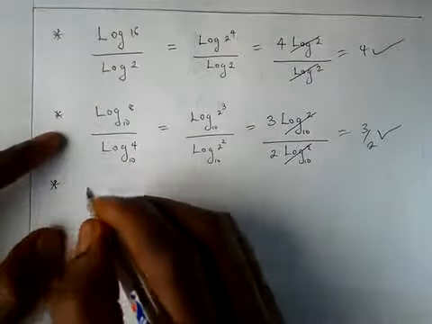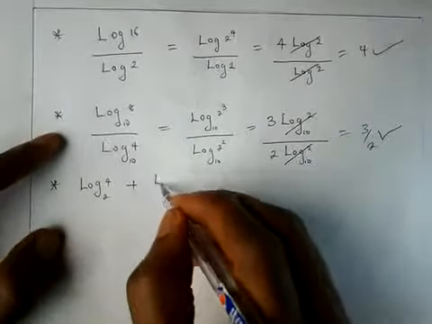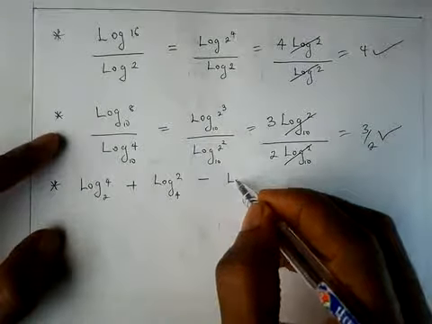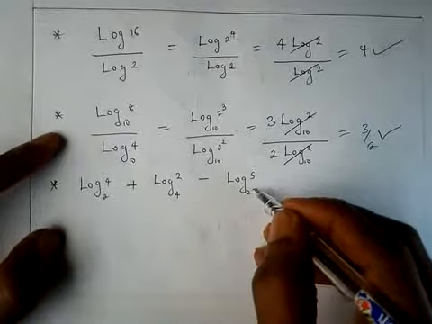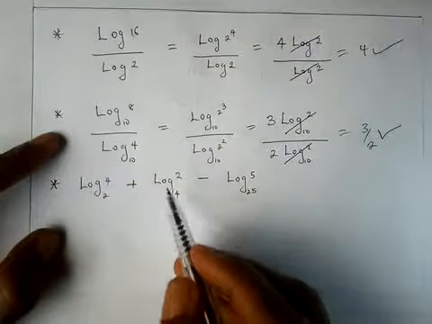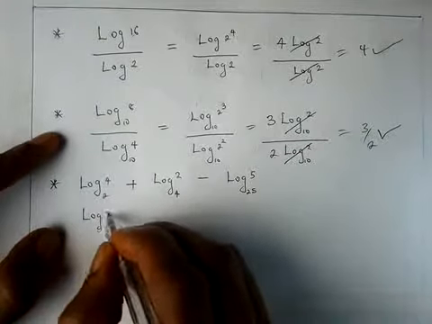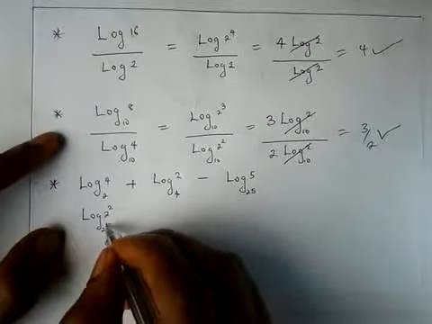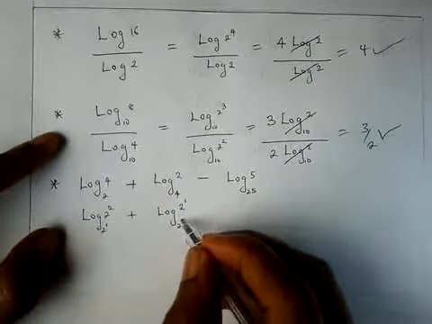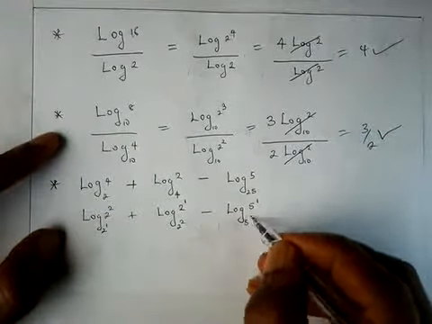The next is we are told to simplify log 4 to base 2 plus log 2 to base 4 minus log 5 to base 25. Now if you look critically, there is a 2 here, there is a 2 here too, and there is a 5 here. So this is going to be log 4 is 2 raised to power 2 and 2 is there, so 2 raised to power 1, same thing, plus log 2 is 2 raised to power 1 and 4 is 2 raised to power 2 minus log 5 is 5 raised to power 1, 25 is 5 raised to power 2.